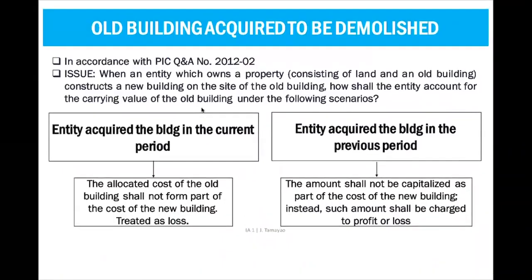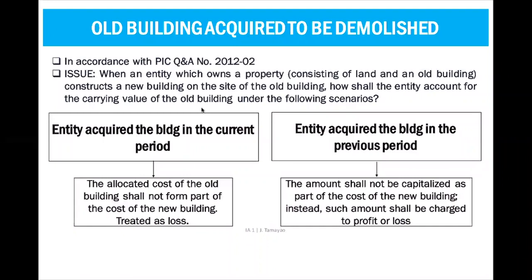Now, this is a new interpretation, but actually, even without this interpretation, the treatment should already be obvious. But still, we need to understand this. This interpretation was given last 2012 whenever we have a problem regarding land and building where the building will be subsequently demolished.